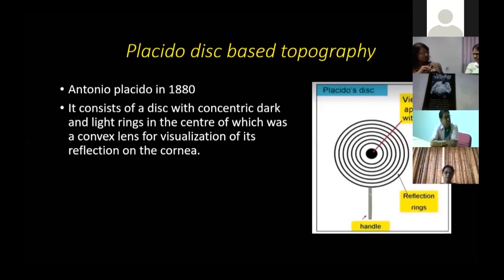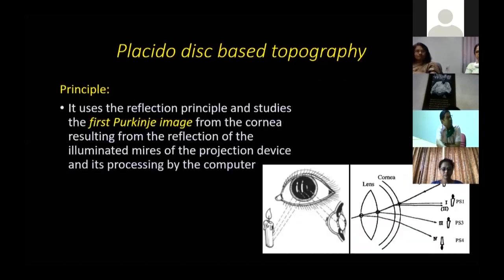The Placido disc topography was discovered in 1880 and consists of a disc with concentric dark and light rings in the center of a convex lens, which visualizes the reflection, and the reflections are collected in the form of data.